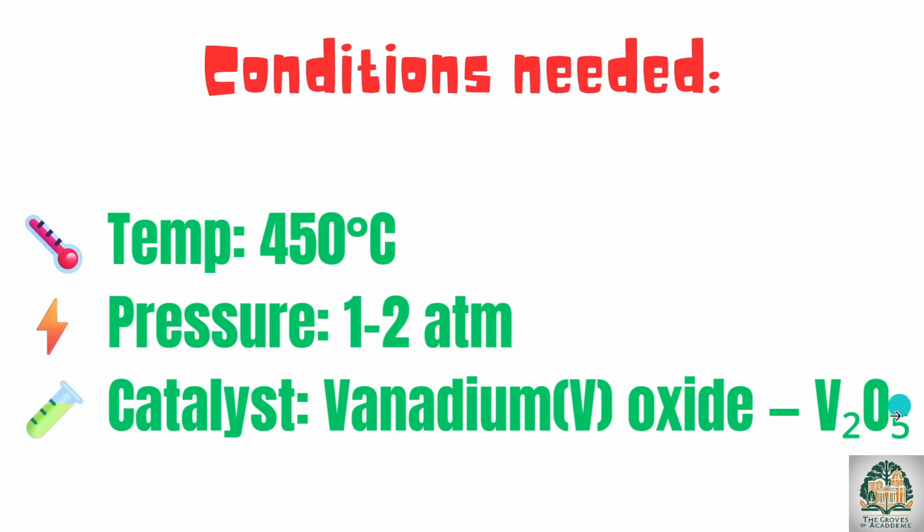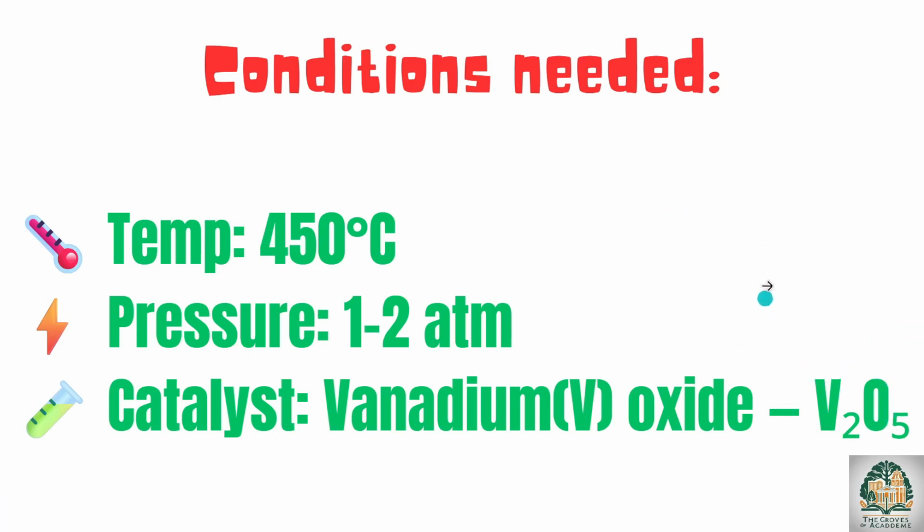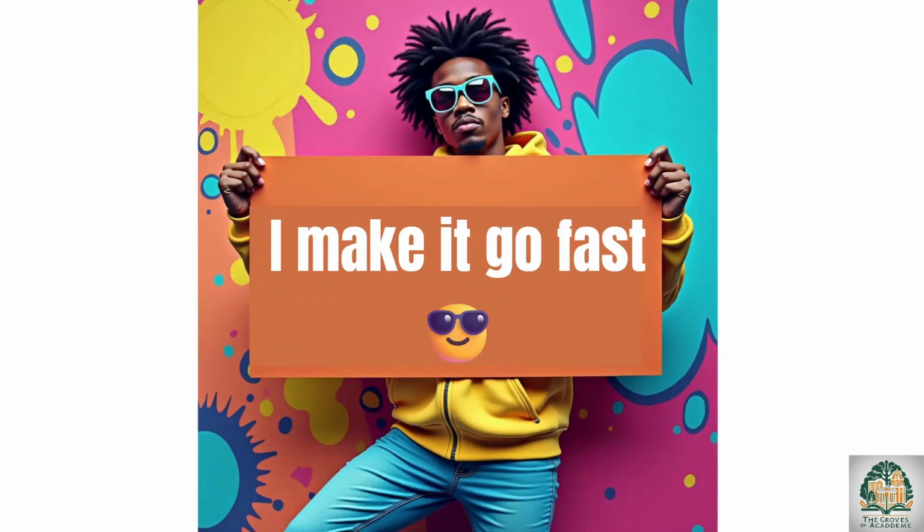Here, this vanadium pentoxide is the hero. It provides surface area for sulfur dioxide and oxygen to react and form sulfur trioxide. Vanadium pentoxide makes the reaction go fast.